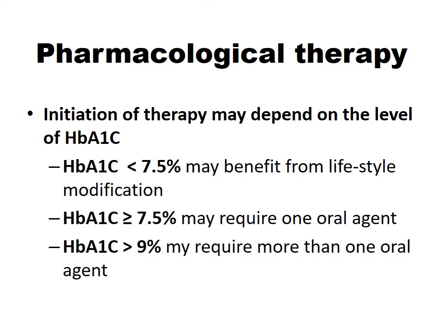If HbA1c is more than or equal to 7.5, this patient requires the use of one oral drug for treatment of diabetes. If HbA1c is more than 9%, this may require treatment with more than one agent.